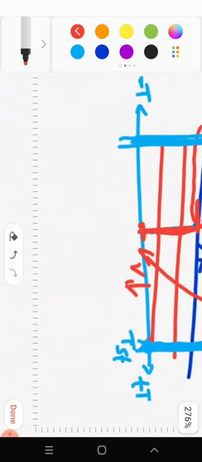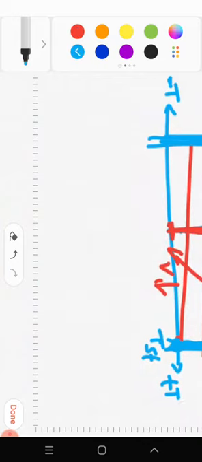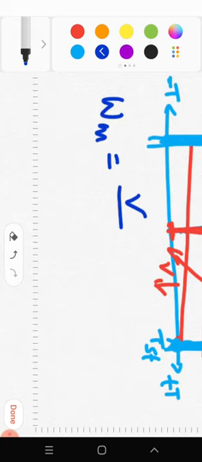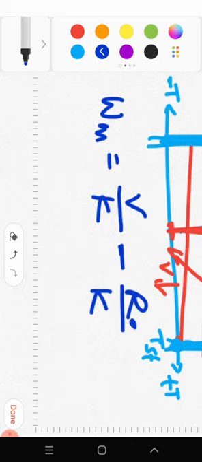So in that equation, omega m equal to V by K minus RA by K square into T. So again, armature resistance cannot be reduced. So slope cannot be again less than the slope calculated by this RA by K square. So it cannot be less than that one.